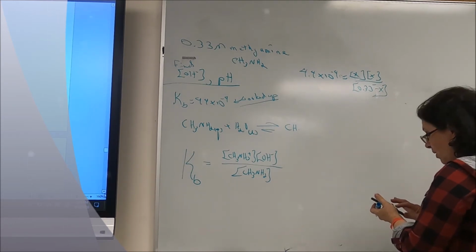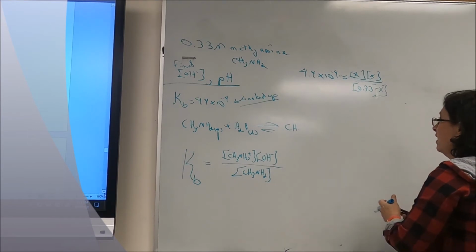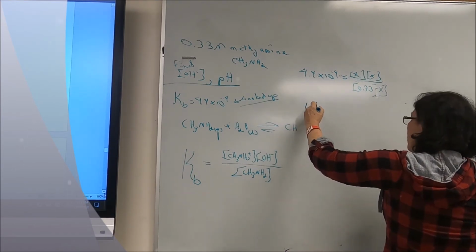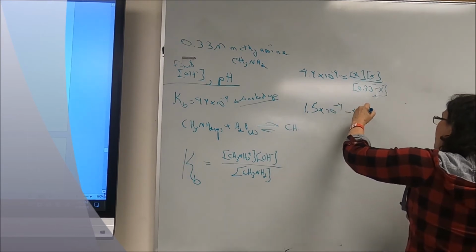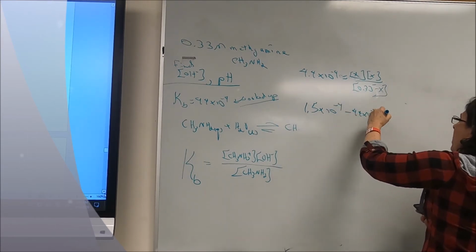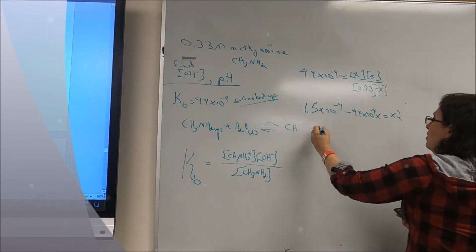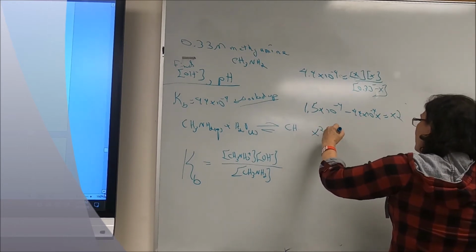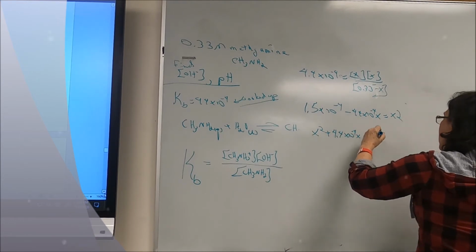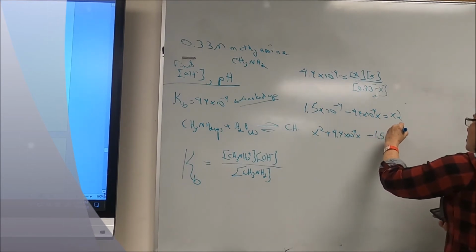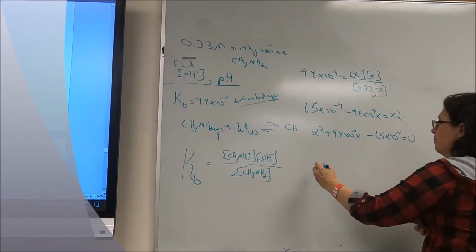So 0.33 times 4.4 exp negative 4 gives me 1.5 times 10 to the minus 4, minus 4.4 times 10 to the minus 4 x, is equal to x squared. So I get x squared plus 4.4 times 10 to the minus 4 x minus 1.5 times 10 to the minus 4 equals 0.